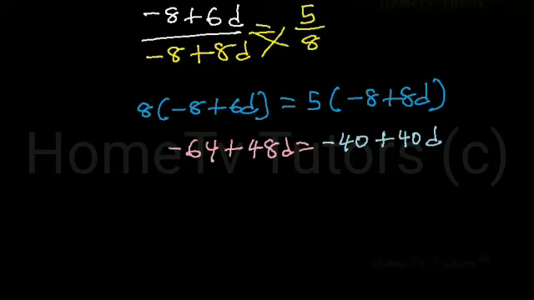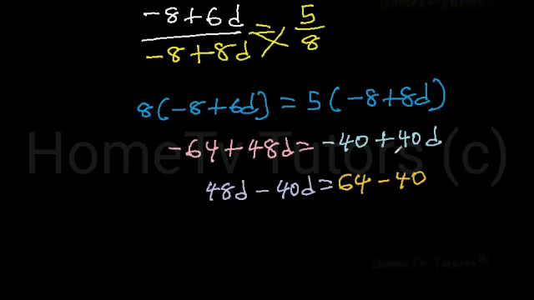So now we collect the like terms. On the left hand side we have 48d. We move the 40d to the left hand side, so we have 48d minus 40d equals, then on the right hand side the 64 moves from the left to the right, so 64 minus 40.